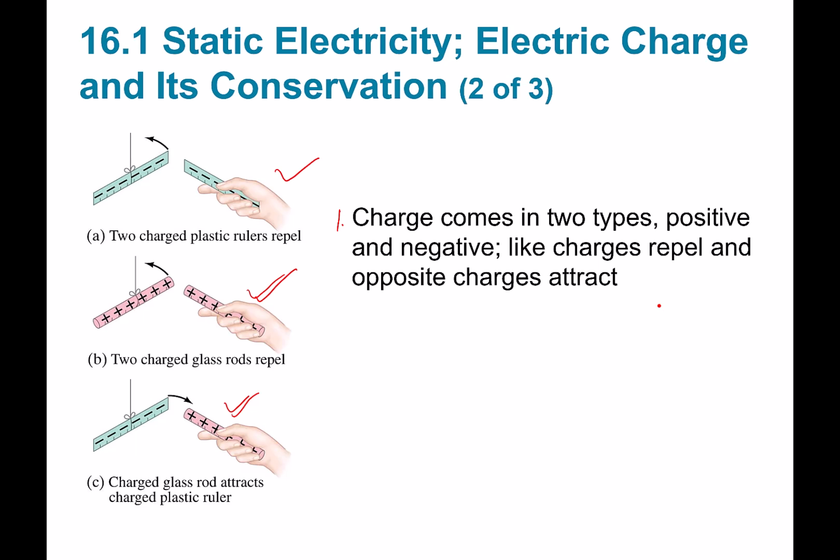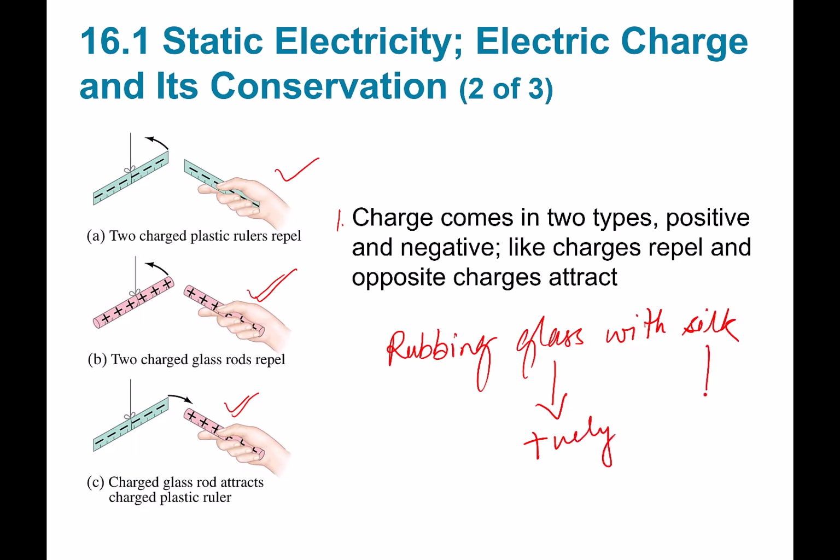For example, when glass is rubbed with silk, the glass becomes positively charged and the silk becomes negatively charged.